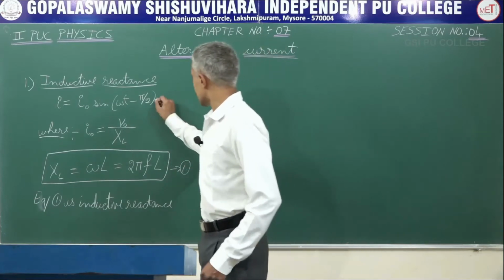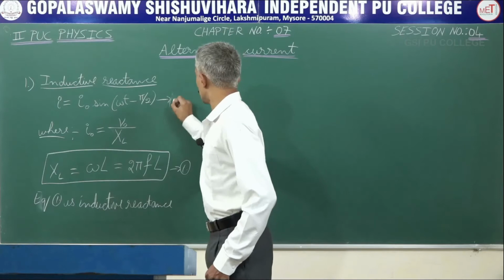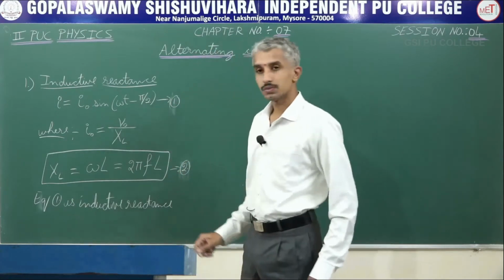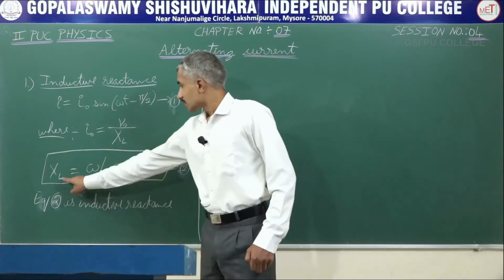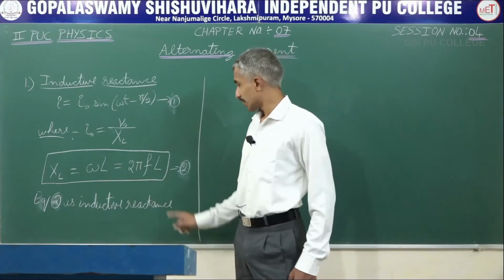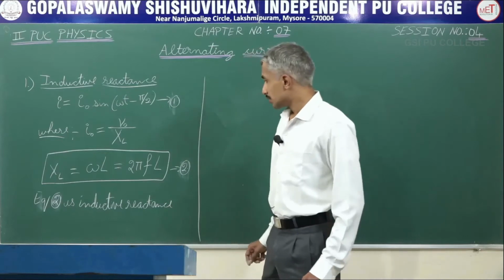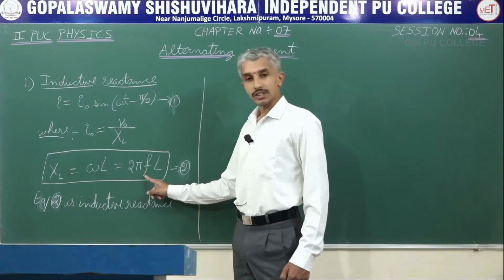Let me take this as equation 1 and here as equation 2. So look at equation 2 here. The inductive reactance is given by 2 pi f into L. Inductive reactance is similar to resistance in a DC circuit. In an AC circuit, the inductive reactance is directly proportional to the frequency.